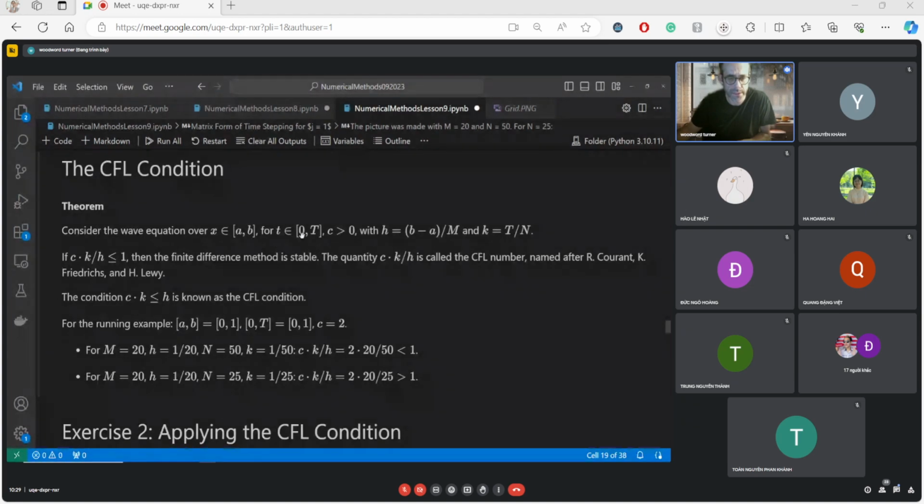So, all right, just as something to notice, the picture was made with m as 20 and n as 50. If I look at n equals 25, if I plug that in, then what we see here is this last column is going more and more negative, right?